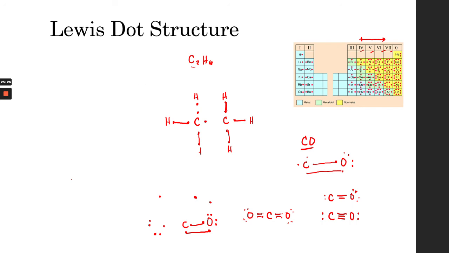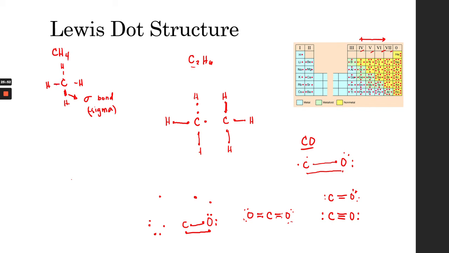Let's have CH4. We know that CH4 has this structure. This single bond right here is called a sigma bond. Pronounce this as sigma. So sigma bonds are basically single bonds, that's a single line.